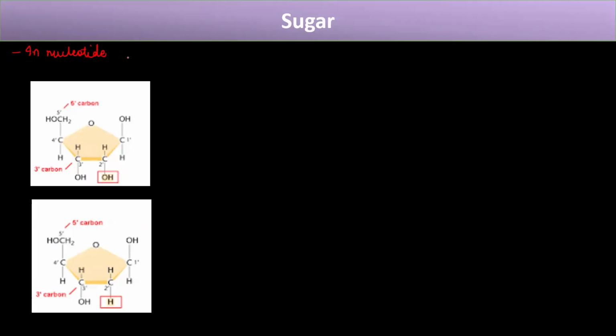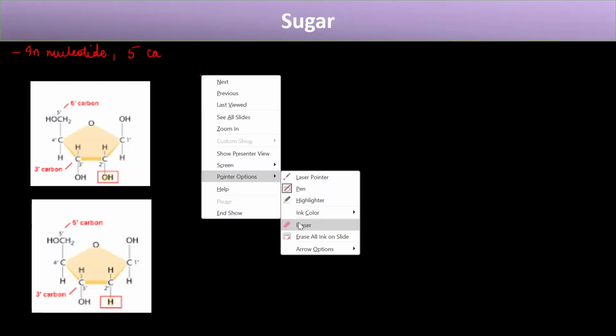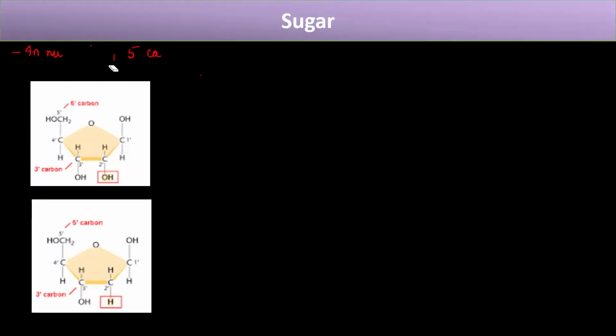In nucleic acid, a 5-carbon sugar is present.